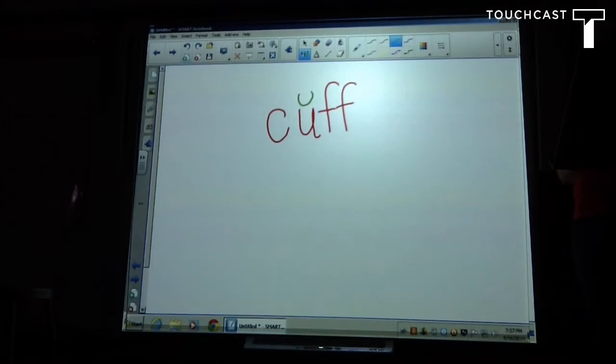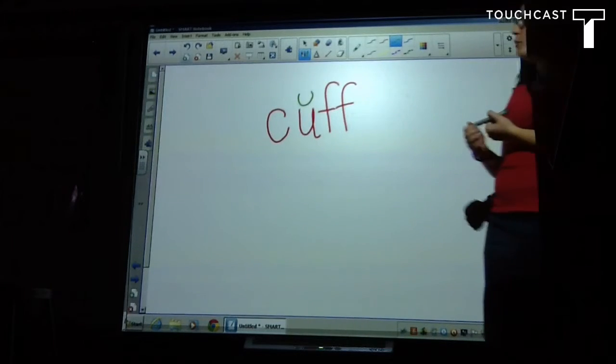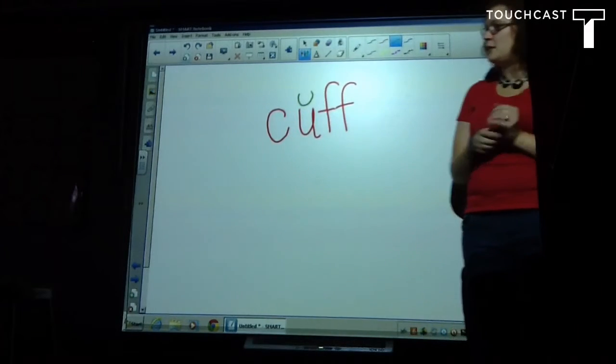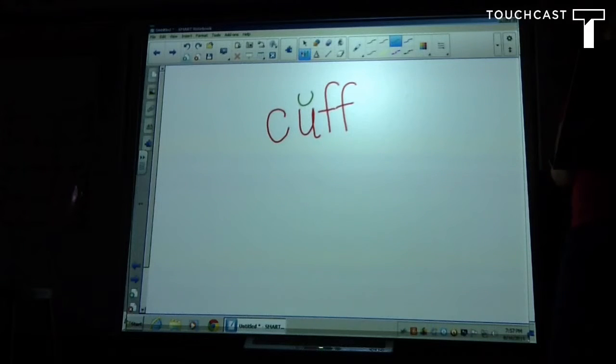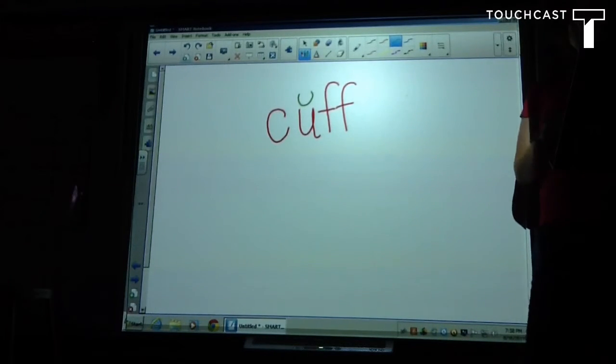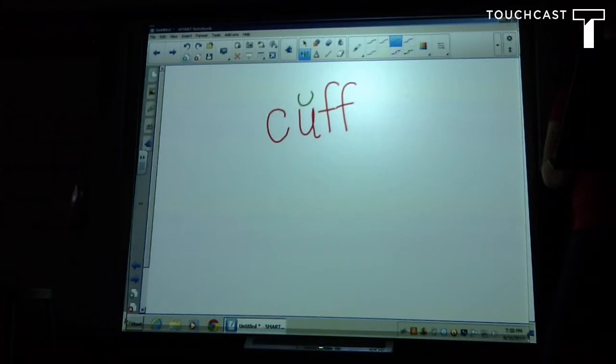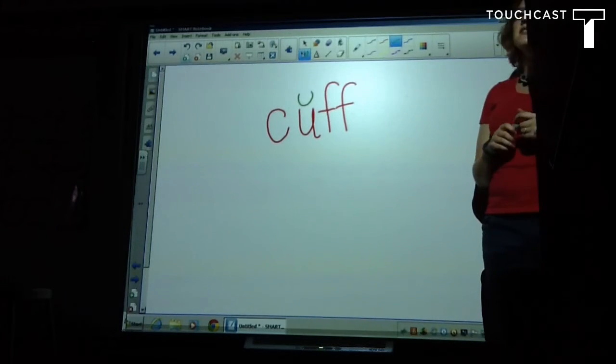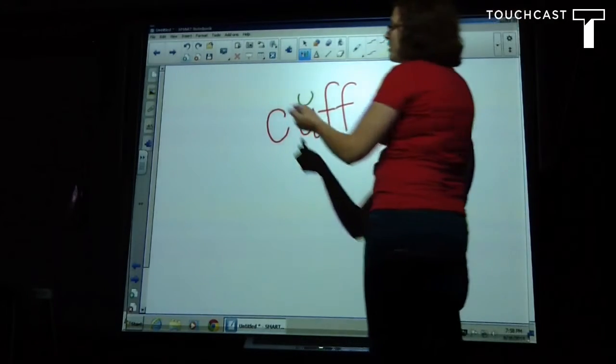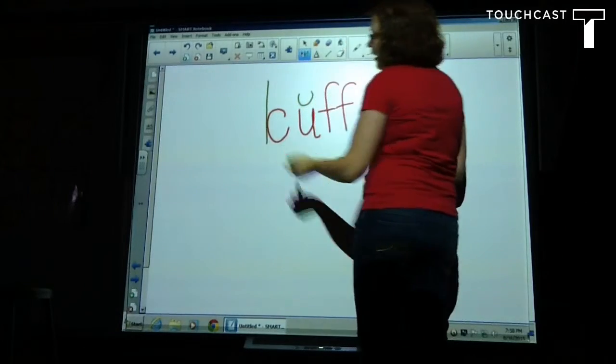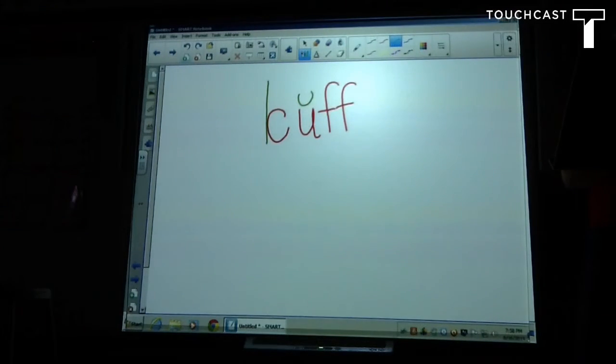What sound do you think that C is going to make in this word? K. Is there another letter that makes the K sound? A K. Very good. So when we see a C that makes the K sound, we're going to put what's called a K back on it to remind us what sound it makes.